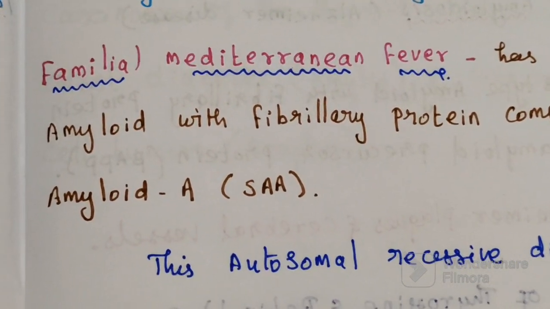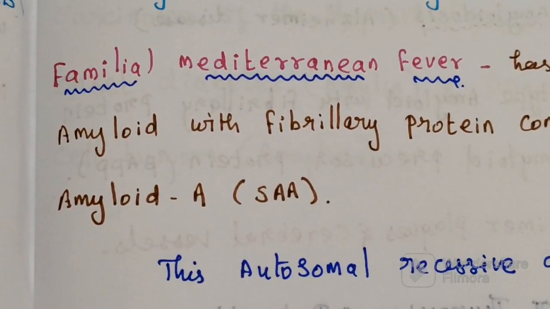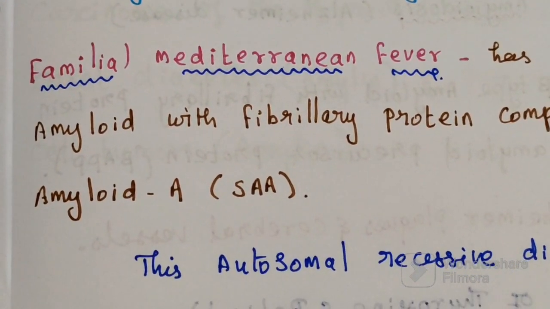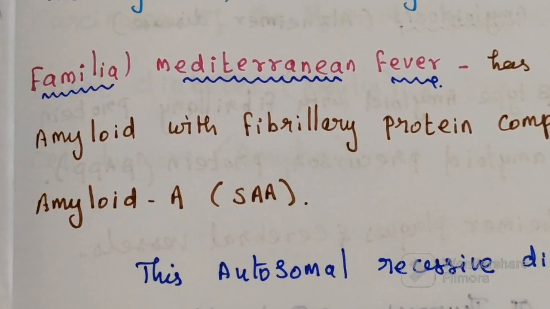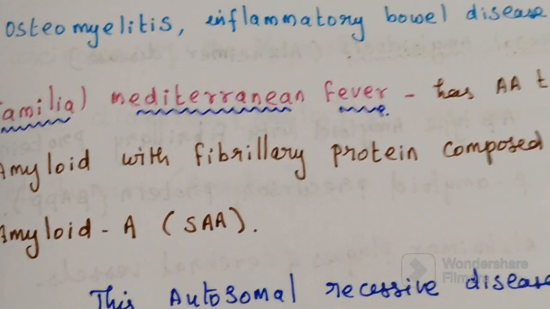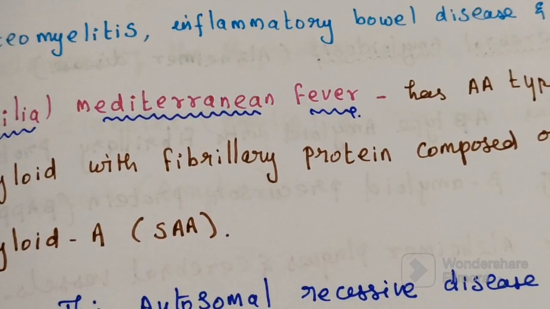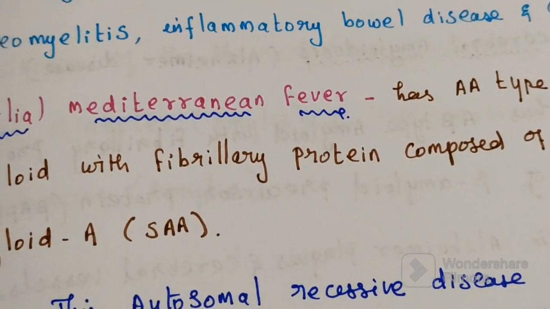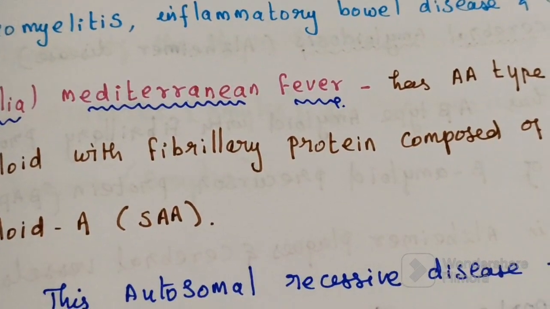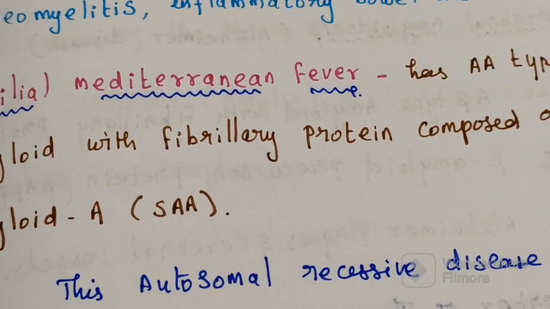Next one is familial Mediterranean fever. Familial Mediterranean fever has AA, that means amyloid associated protein.